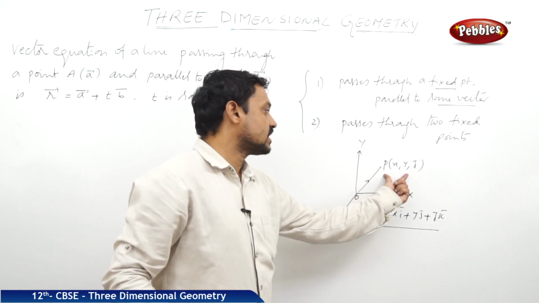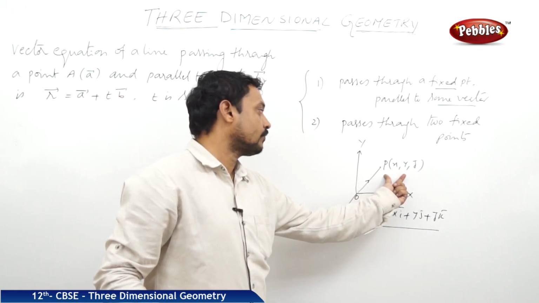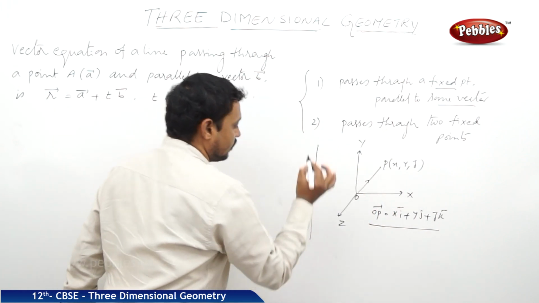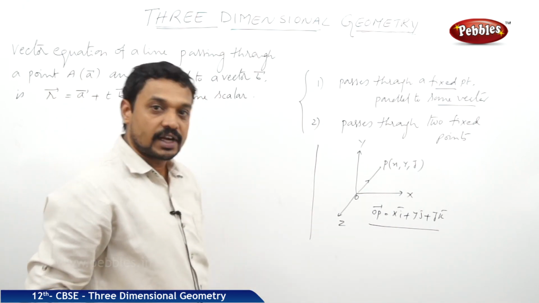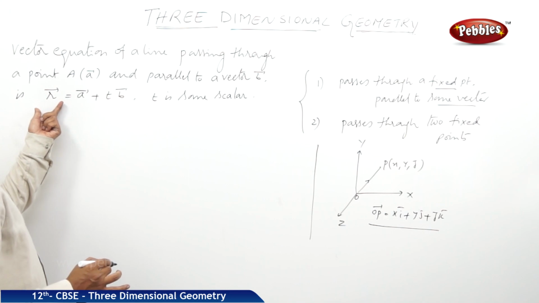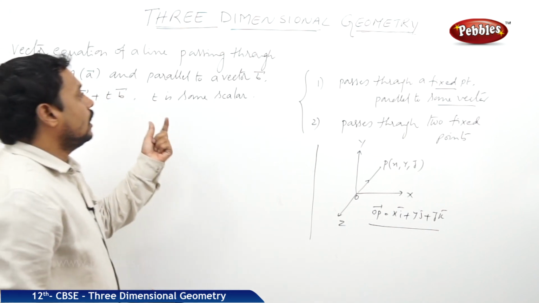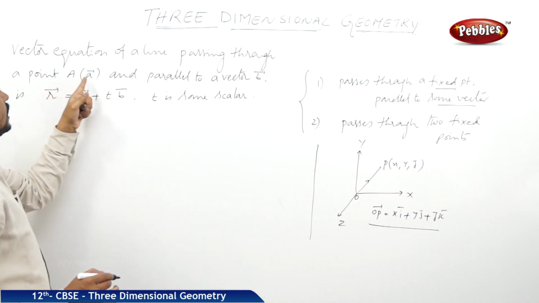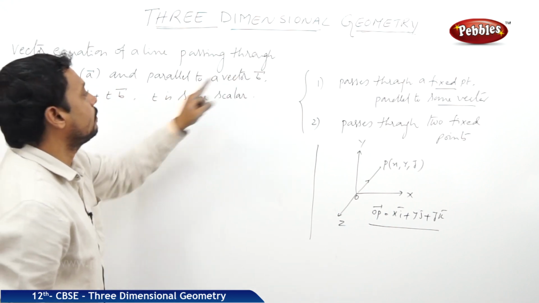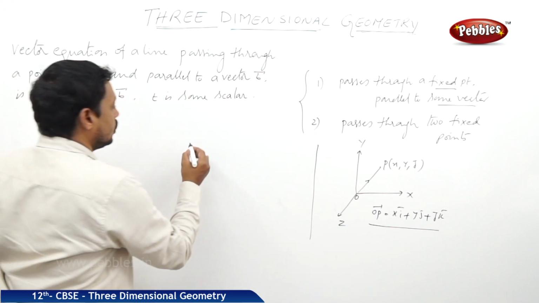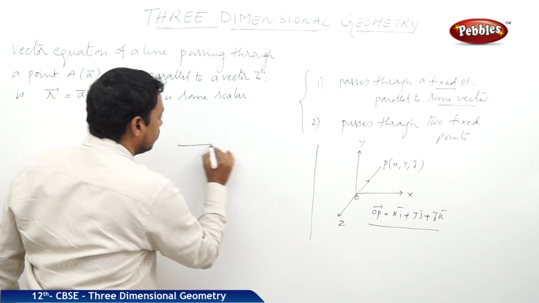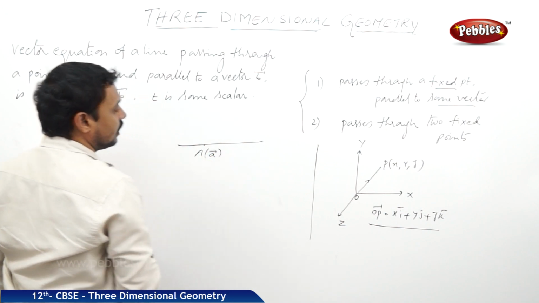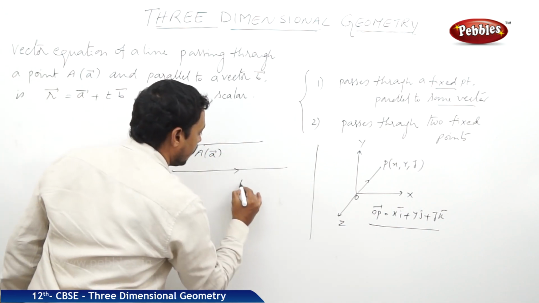So whenever the point is given as x, y, z, the position vector of the point is given by xi plus yj plus zk. It was already discussed in vector algebra. Now here, the vector equation of a line: the line passing through a point with the position vector A bar and parallel to another vector. Now let us take one line L which passes through a point A with the position vector A bar and parallel to a vector B bar.